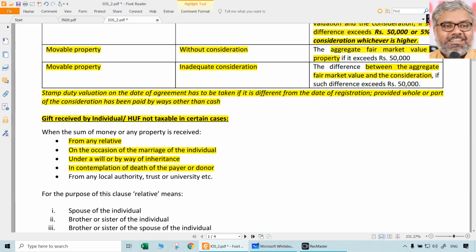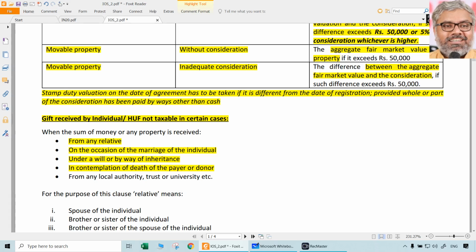In other words, the donor was on the deathbed. On the deathbed, it was the last wish of the donor that some property should come to one person. Then nothing is taxable in the hands of that recipient, because that property was given to him by the donor in contemplation of the death of that donor.